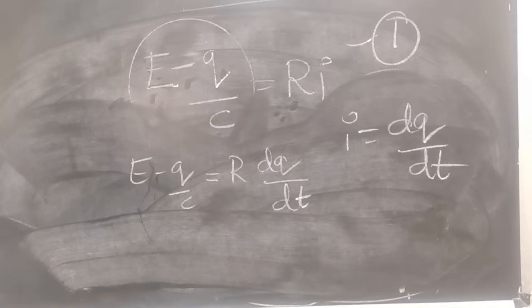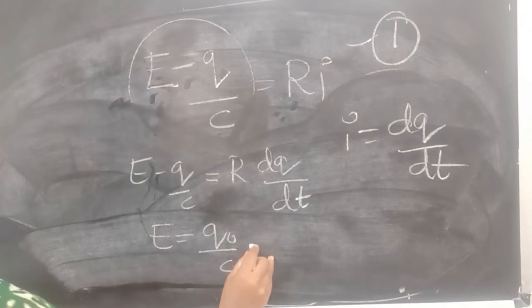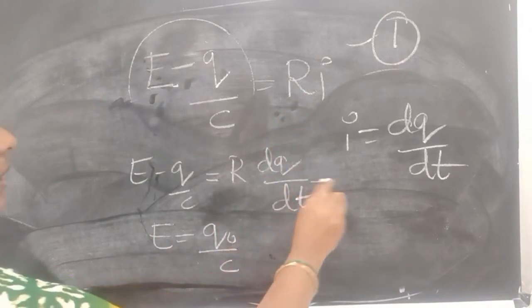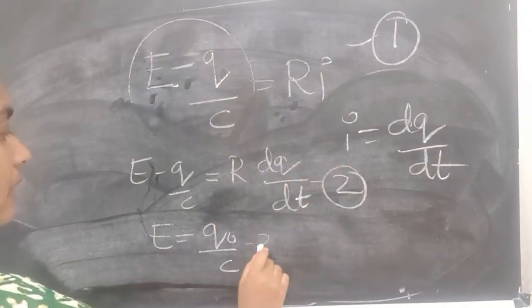Right? Now suppose I assume that E is equal to Q naught by C. If I assume that E is equal to Q naught by C and substitute in this equation, what will I get? This is equation 1, this is 2 and this is 3.